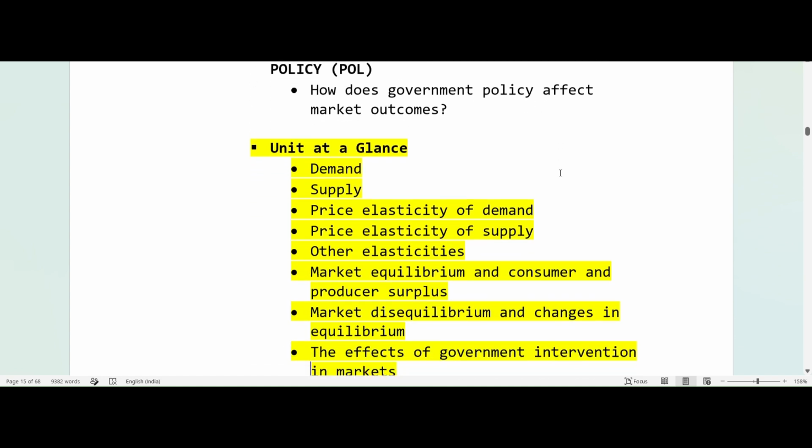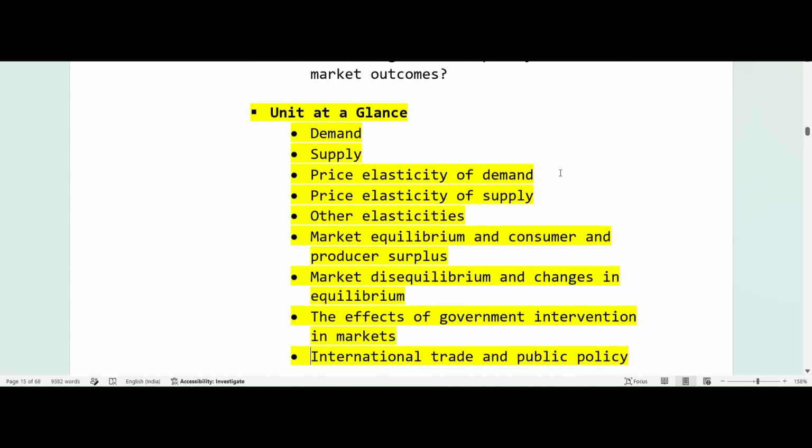Then this is the unit at a glance: demand, supply, price elasticity of demand, price elasticity of supply, other elasticities, market equilibrium and consumer and producer surplus, market disequilibrium and changes in equilibrium, the effects of government intervention in markets, and international trade and public policy. So that's what we have to cover in Unit 2.